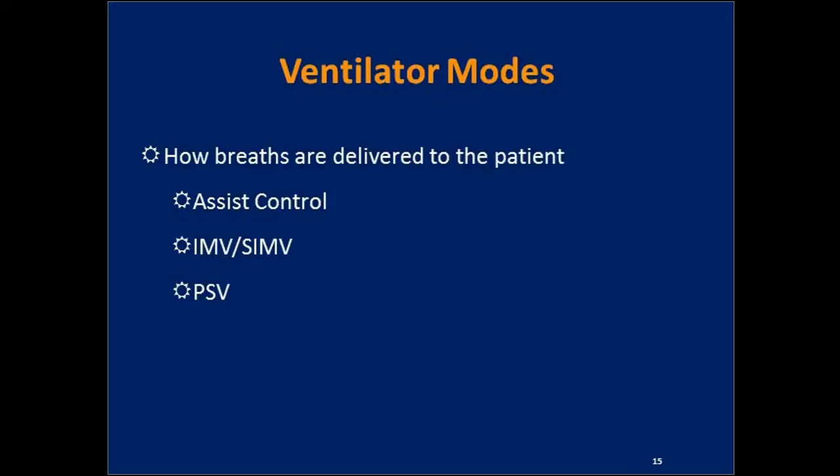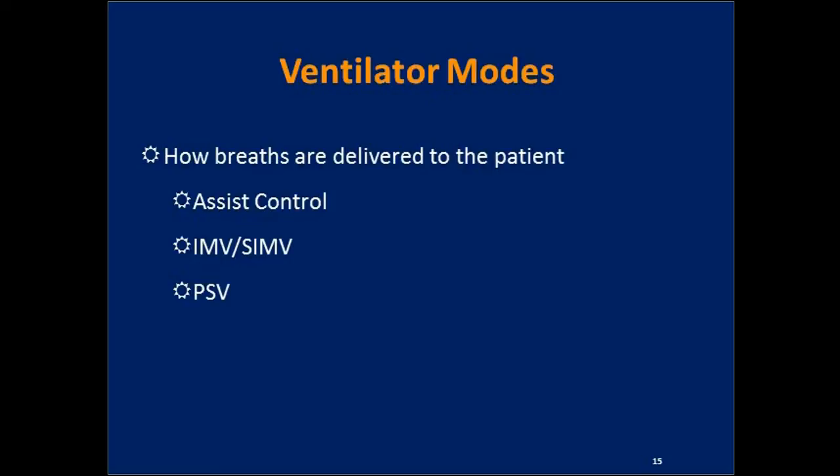It's full support. It's a preset volume of air, a preset respiratory rate. With ventilator modes, we can dial in a number of breaths. We can tell the machine, give the patient 15 breaths a minute and give them a tidal volume of 500.